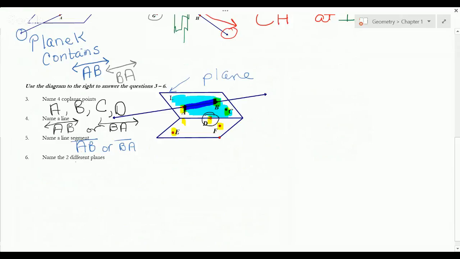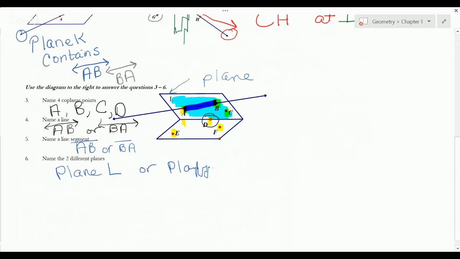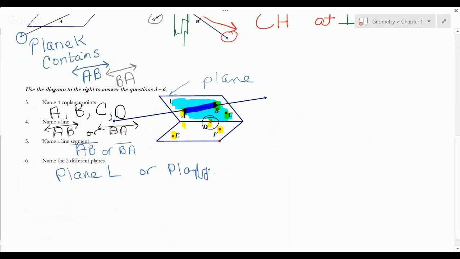So then now we need to name the 2 different planes. Well, I highlighted that one plane, light blue. So that's plane L. Or, remember, planes can also be named with 3 letters.